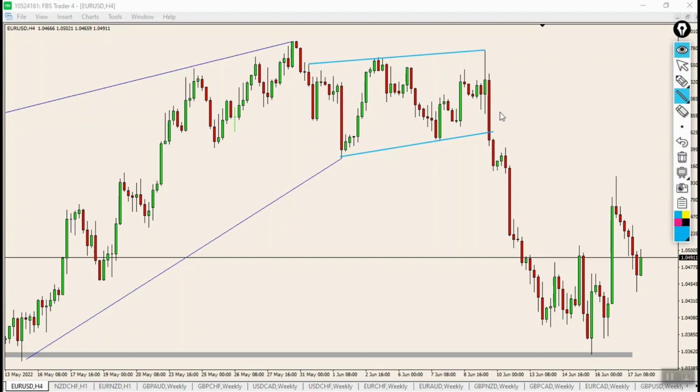Placing your sell limit at 50% of this wouldn't have worked in this case, because the market didn't move really impulsively to the low. So sometimes it doesn't work.